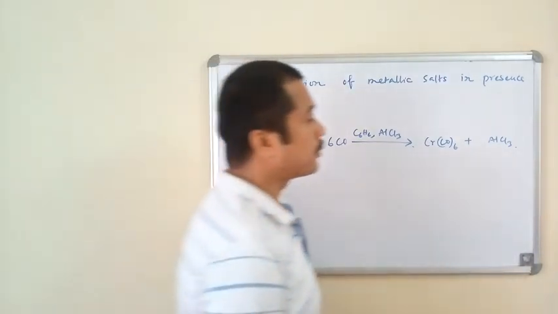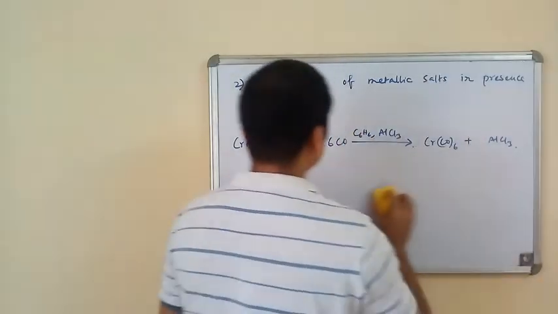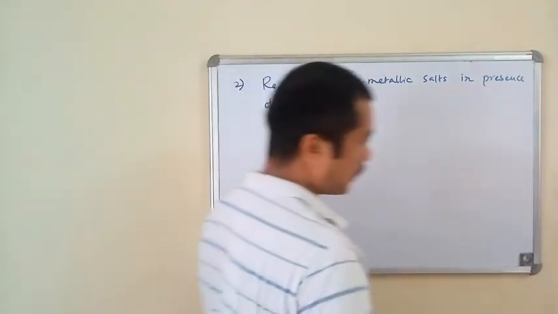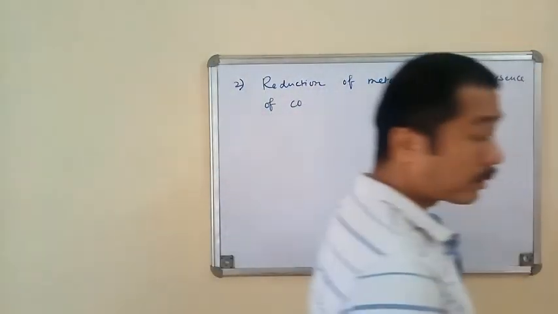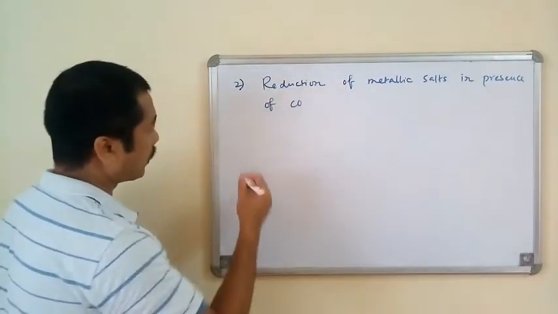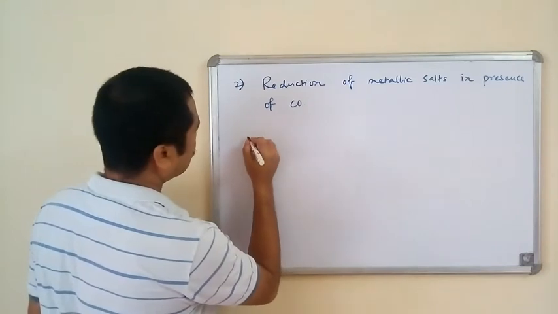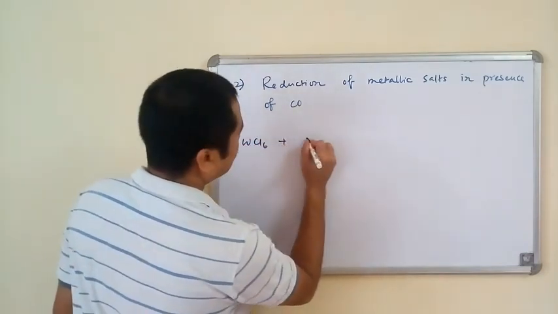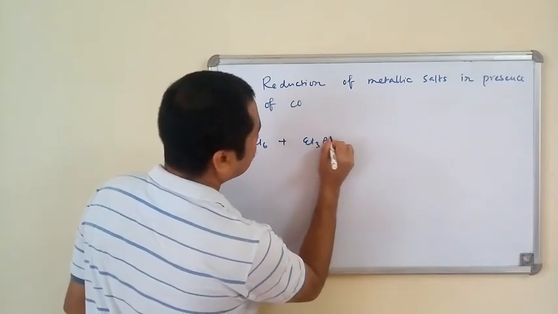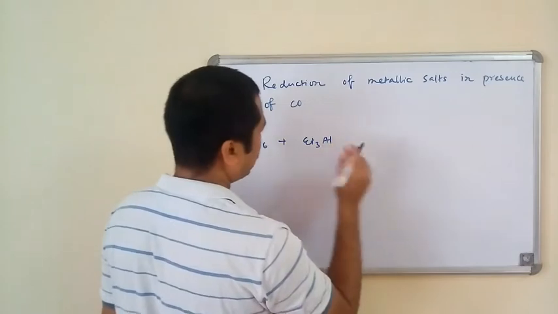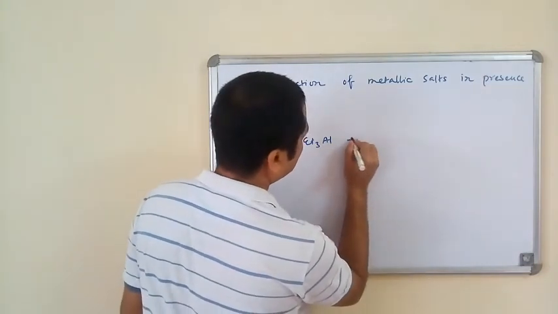We can also use alkyl aluminiums, which are very important reagents in organometallic chemistry, to reduce certain metallic salts and then produce carbonyl complexes of those metals. If you start with WCl6, then triethyl aluminium can reduce the tungsten from plus 6 oxidation state to zero oxidation state.